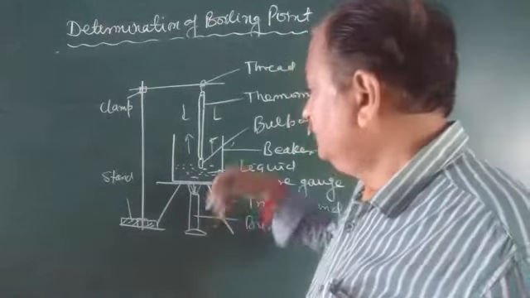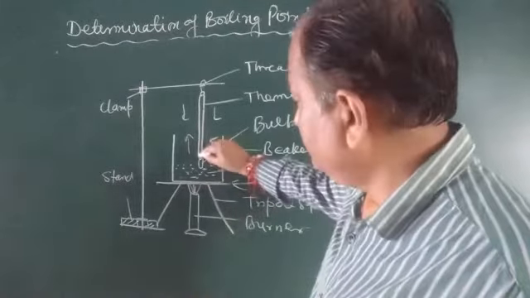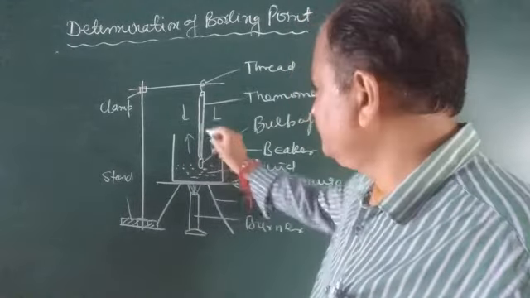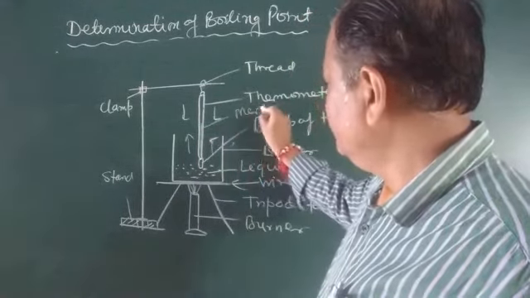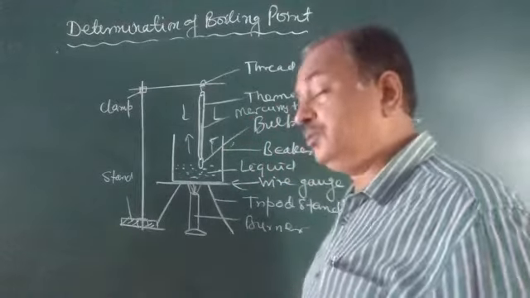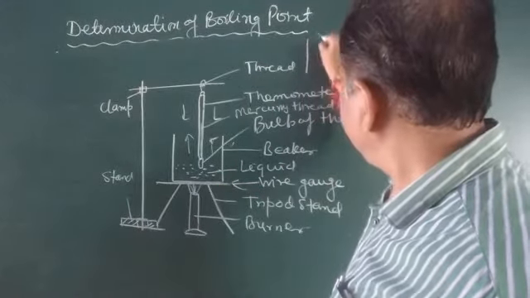And when the liquid starts boiling, the temperature becomes constant. In the thermometer there is a mercury thread or capillary. So when the temperature, this is a very important point.